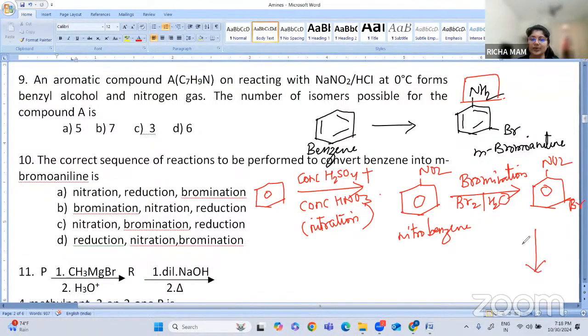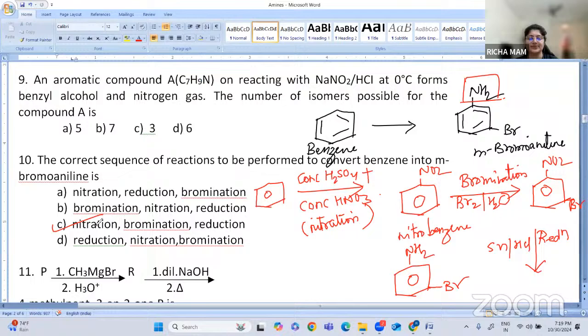Next step, I'm going to do reduction in the presence of tin and HCl. So your NO2 group will be converted into NH2, and this will be your Br. So this is metabromoaniline. So three steps: nitration, bromination, and reduction.